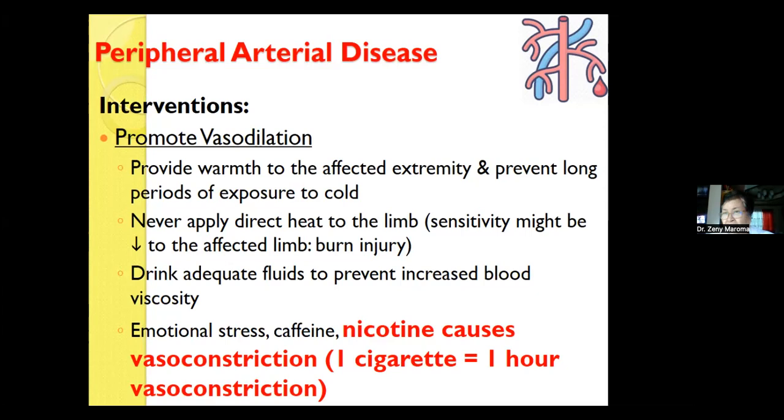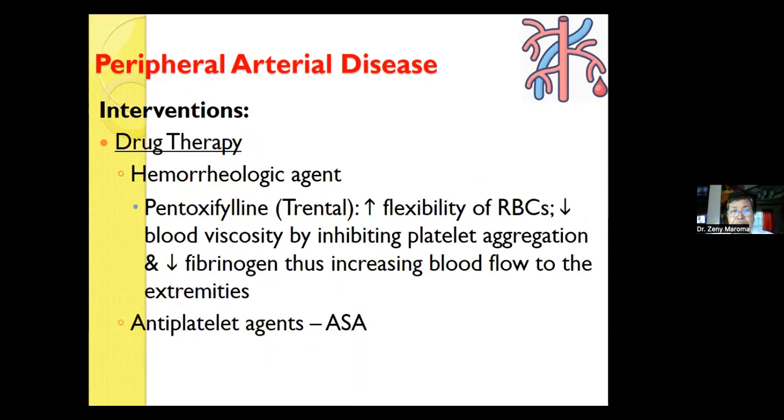Emotional stress, caffeine, avoided. Nicotine, avoided. Kasi nicotine, 1 stick causes vasoconstriction for 1 hour. Eh kung siya nakaka 20 a day, and then 20 hours, may vasoconstriction. Okay? Ito yung effect ng cigarette smoking.